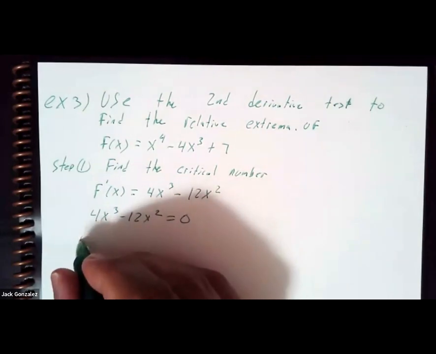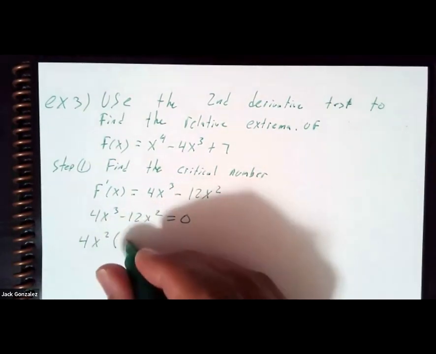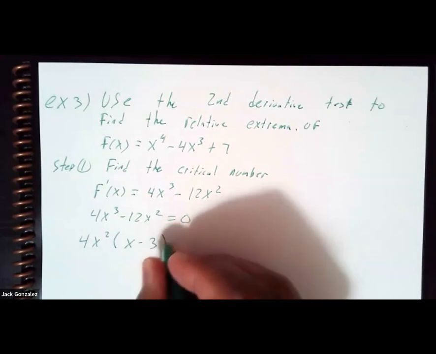Factor the GCF, we get 4x squared times x minus 3.